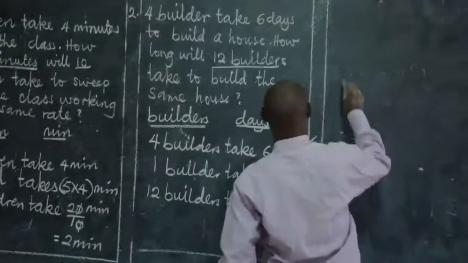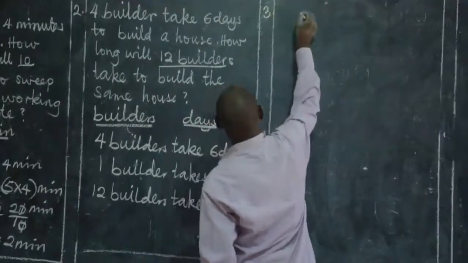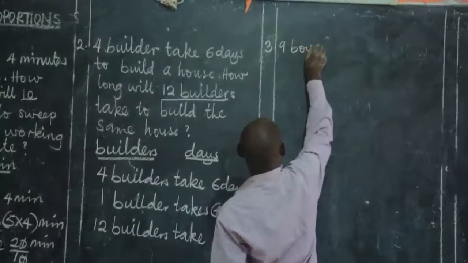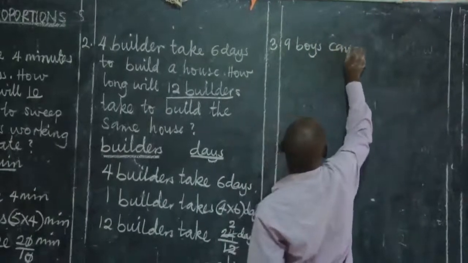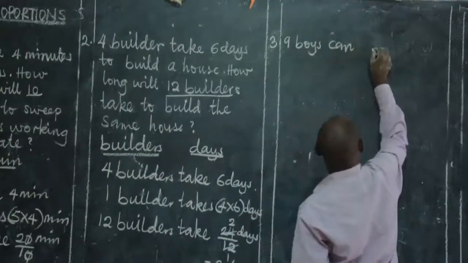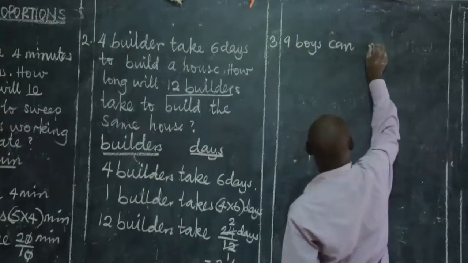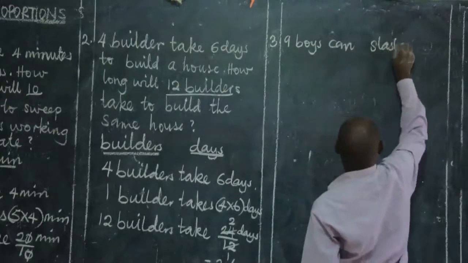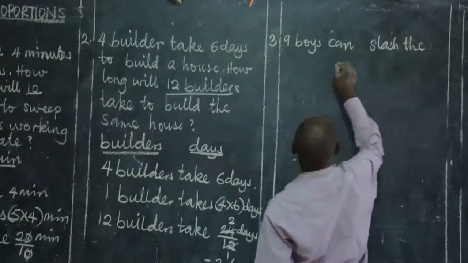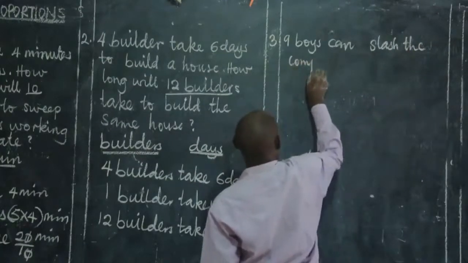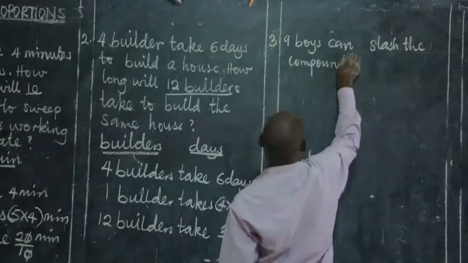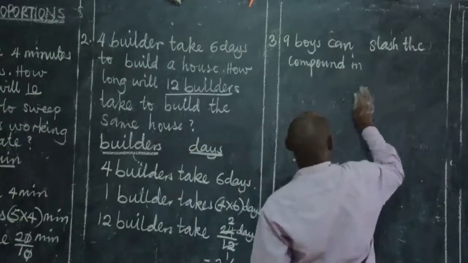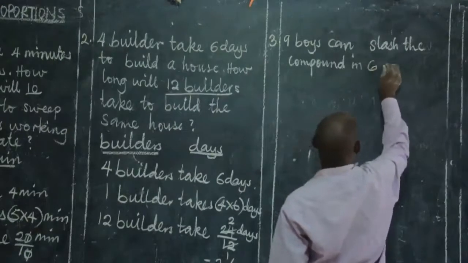For example, 9 boys can slash the compound in 6 days.